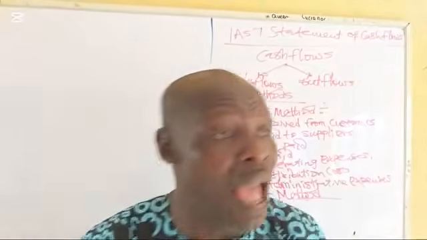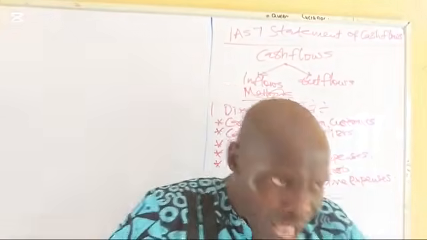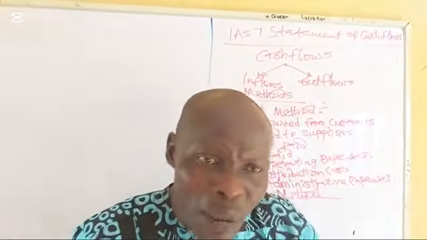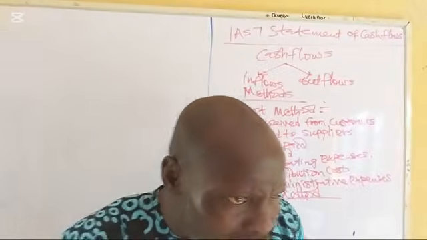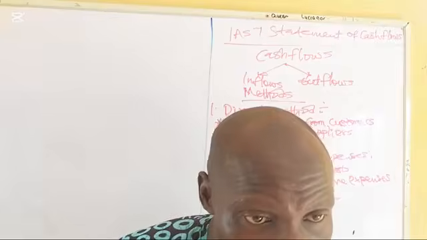You will never have them in the cash book. So if you have profit from disposal, remember, you are converting your profit to cash. What is the implication? Which profit are we even converting? Profit before tax.